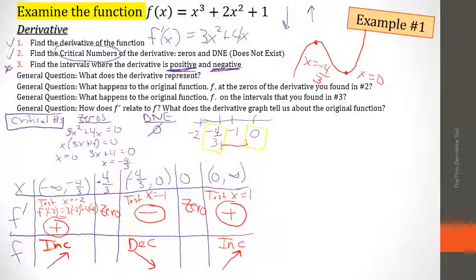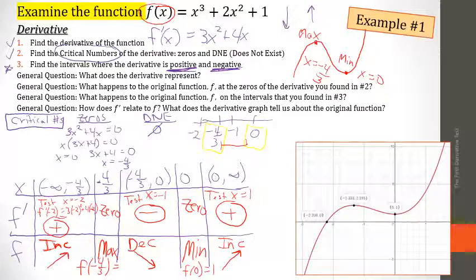And if you notice, that would be a max, and that's a min. So right here on my chart, I'm going to put a max. So when you go from up to down, that's a max. And from down to up, that's a min. And if we wanted to find the value of the max, we could find f of -4/3, plug it into our original. Our f of 0, that one's easy, it's 1. So now let's look at the actual graph.